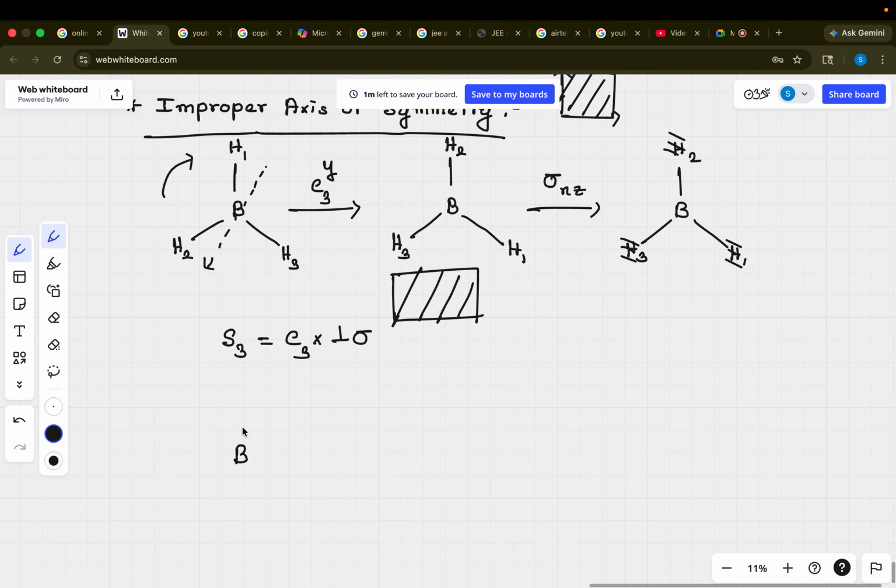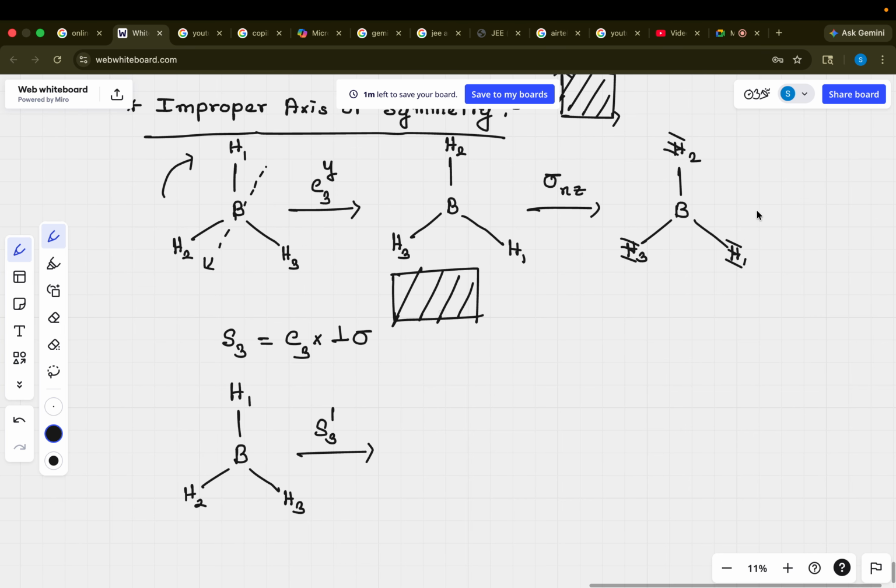Suppose you have B, then you have H1, this side you have H2, and this side you have H3. Now suppose I am not writing C3 and sigma xz separately, directly I am writing that I am operating the S3 axis one time. So what I can directly write is C3 then sigma xz.